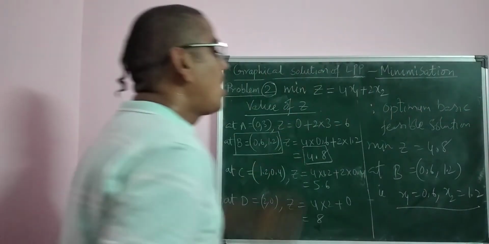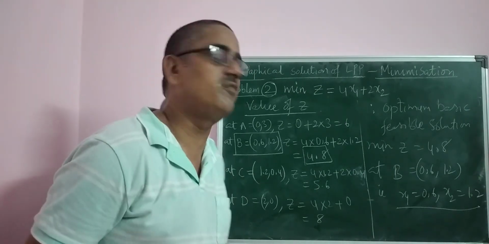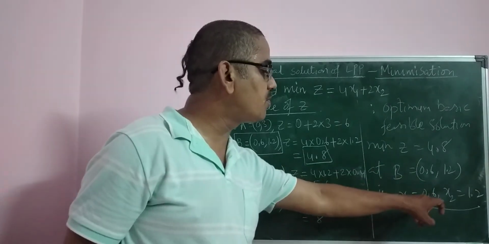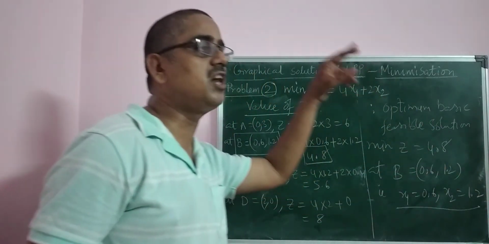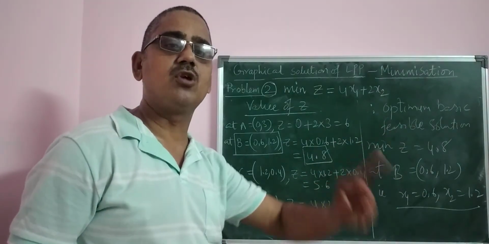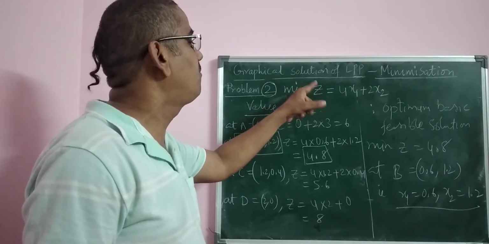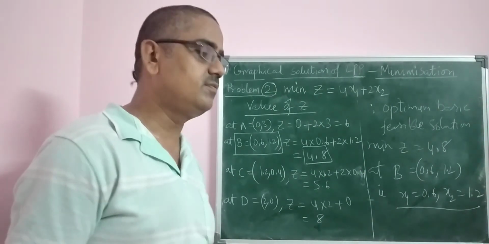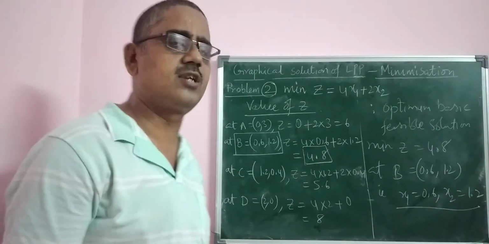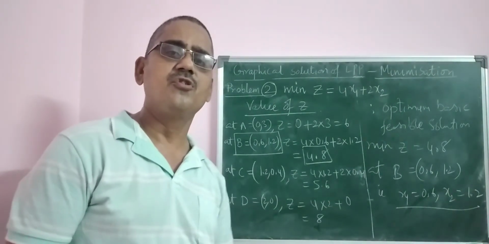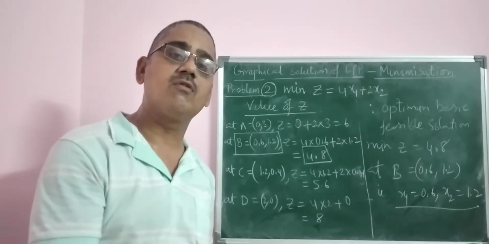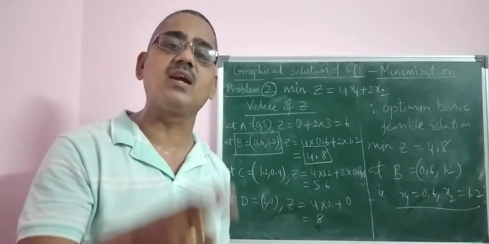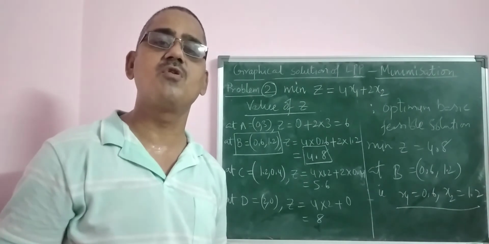This is the optimum basic feasible solution for this given minimization linear programming problem, subject to the given constraints, and we did the entire problem. So for an unbounded common region, the minimum value exists and can be calculated. Hope you understand. Thank you.